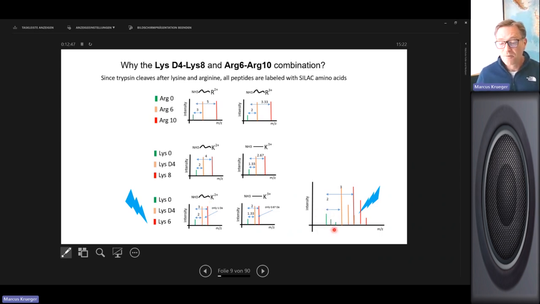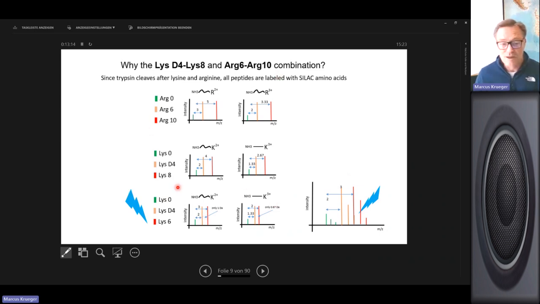So usually we have 3 peaks per peptide. And once we have lysine 4 and lysine 6 with 1 Dalton difference, it might be that the third peak of this lysine D4 will overlap with the lysine 6 peak. And this, of course, will give you strong false positive quantifications, right? Because you have an increased signal here. Therefore, this combination should not be used.